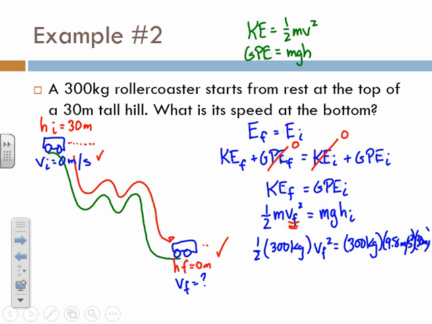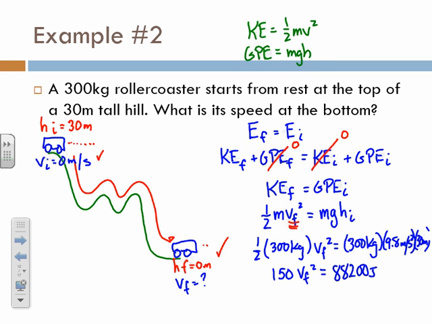Okay, so at this point, I would probably simplify my values here a little bit. On the left side, I end up with 150 V final squared. Over here on the right side, this is going to be 88,200 joules.